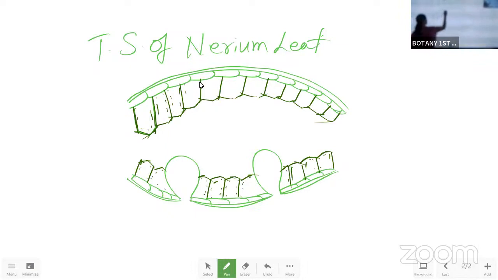So this is the dark green colored one. Hexagonal cells are nothing but the palisade tissue, which have more chloroplasts, giving the dark green color to the leaf surface. Next comes the spongy parenchyma.